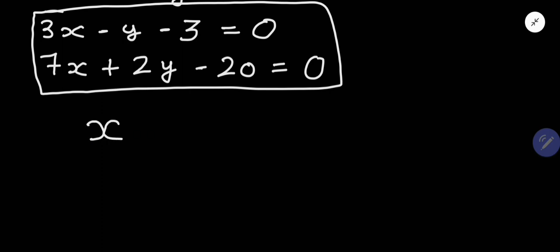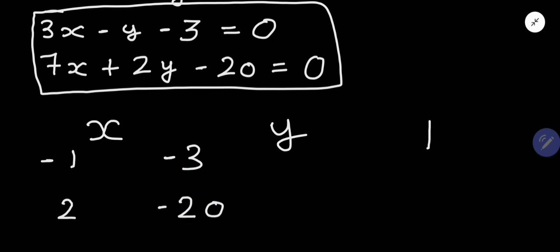So we will write x, y and 1. So in order to solve for x, we will ignore this part. So we are left with the minus 1, 2 and minus 3 and minus 20. And to solve for y, we will ignore this and we are left with 3 and 7. And similarly in the third part, we will ignore this and we are left with minus 1 and 2.